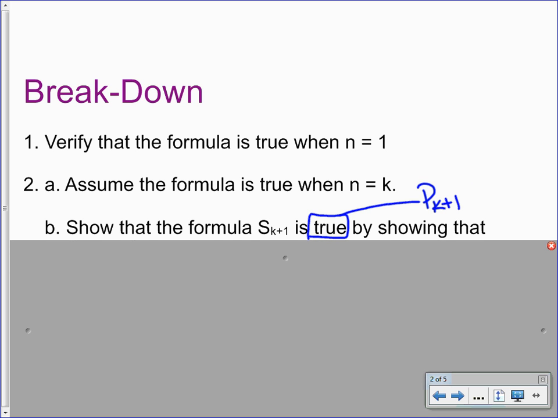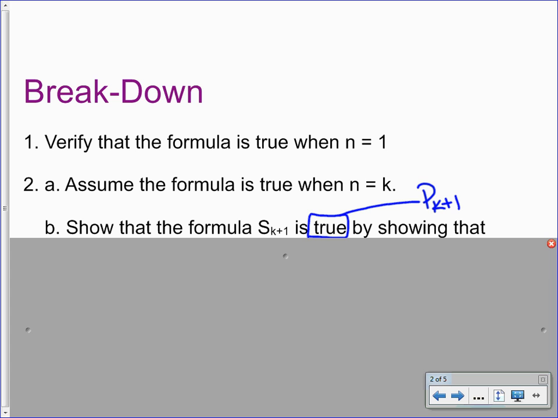Now, I want you to think about the sum of the first k terms. Okay, you plug in 1, you plug in 2, you plug in 3, you plug in 4, all the way up to k. If we're talking about the sum of the first k plus 1 terms, we plug in 1, 2, 3, 4, up to k, and we add the k plus 1 term.